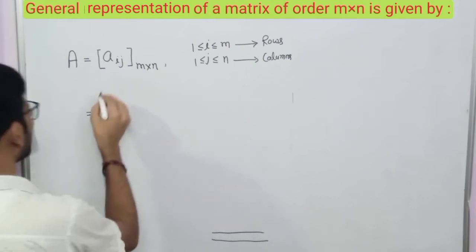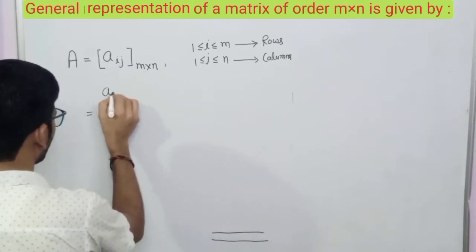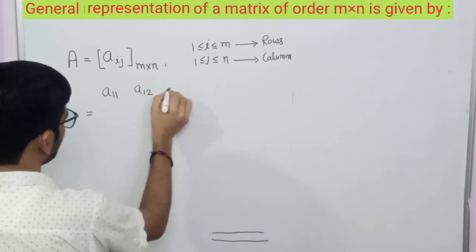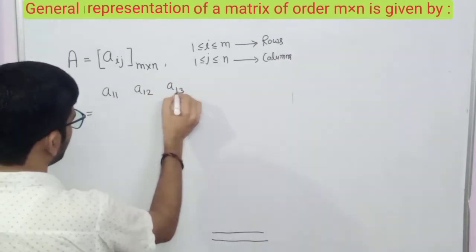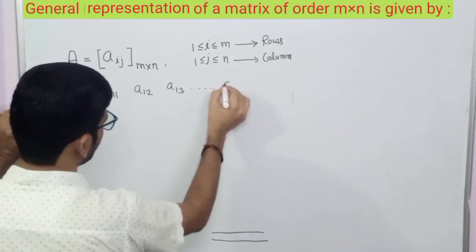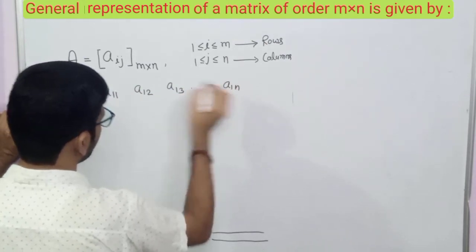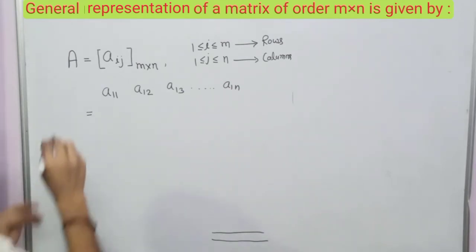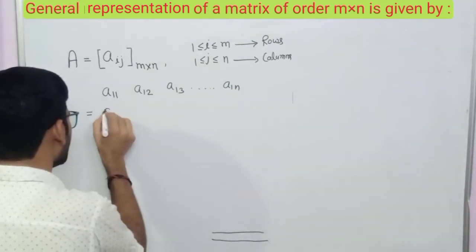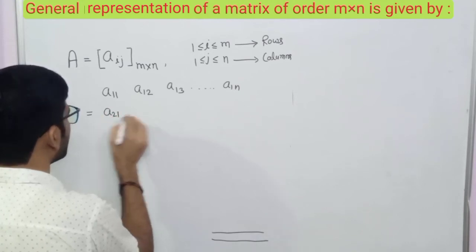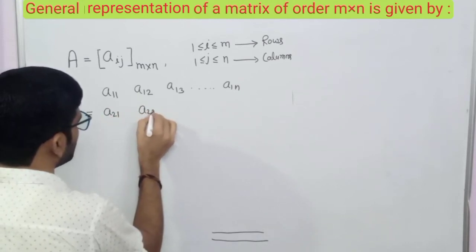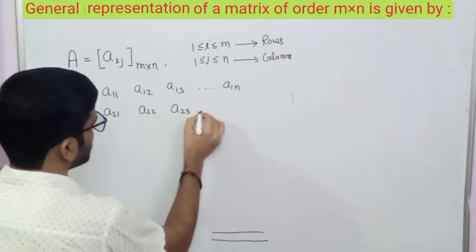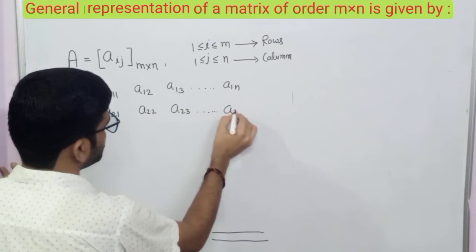And now if you write A11, okay, A12, A13 and dot dot A1n. Is it clear? And now here we write A21, A22, A23 and dot dot A2n.